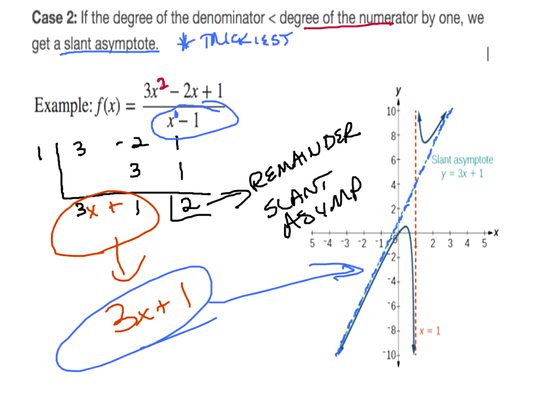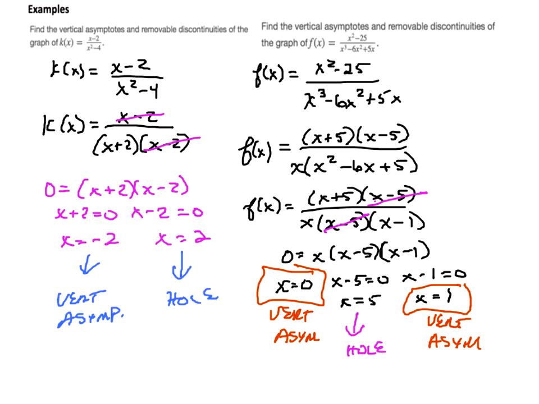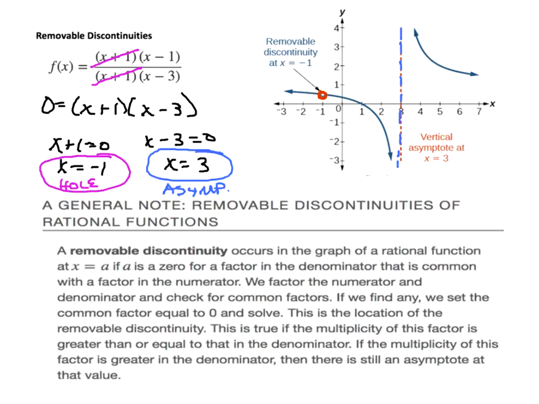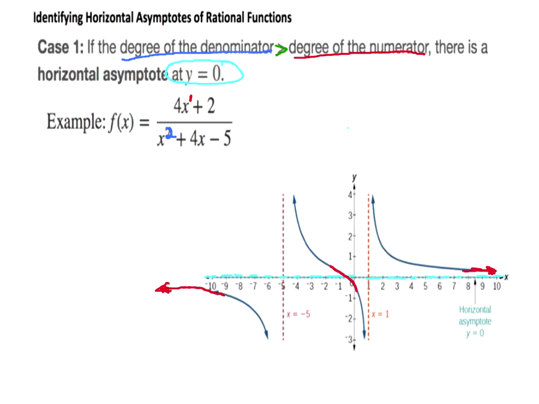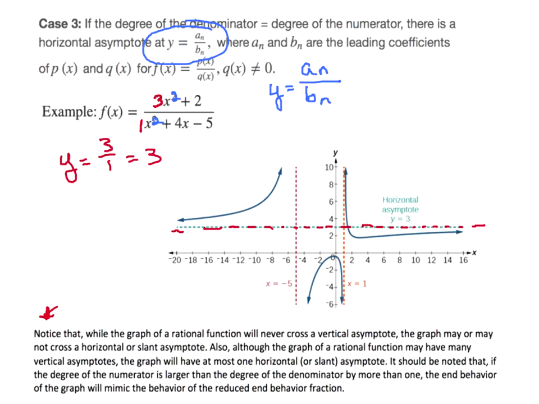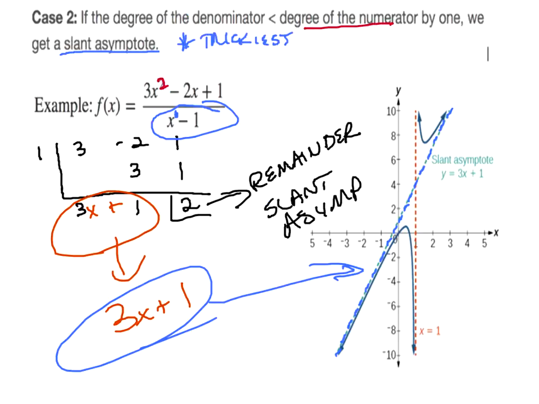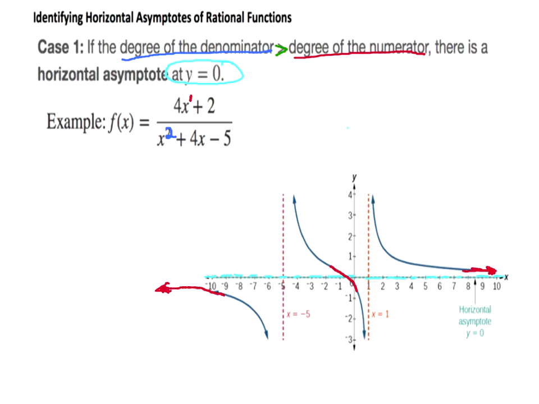But let me just go back and double check my notes here. So see, even I have to go back and read it because I don't use this all the time unless I'm teaching, especially rational functions. I would like to tell you that you're going to use it in everyday life, but okay, case 1.